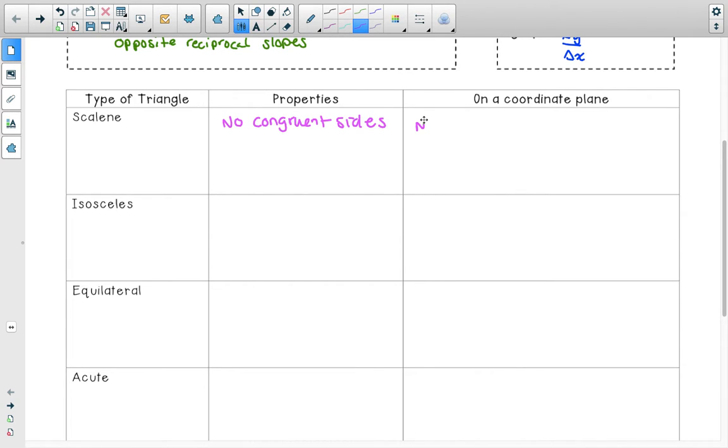So no sides have the same distance because they're not congruent. So it would look something like this. These are not congruent. So we would have 1 tick mark, then 2 tick marks, then 3 tick marks. So all 3 of those are different sizes.